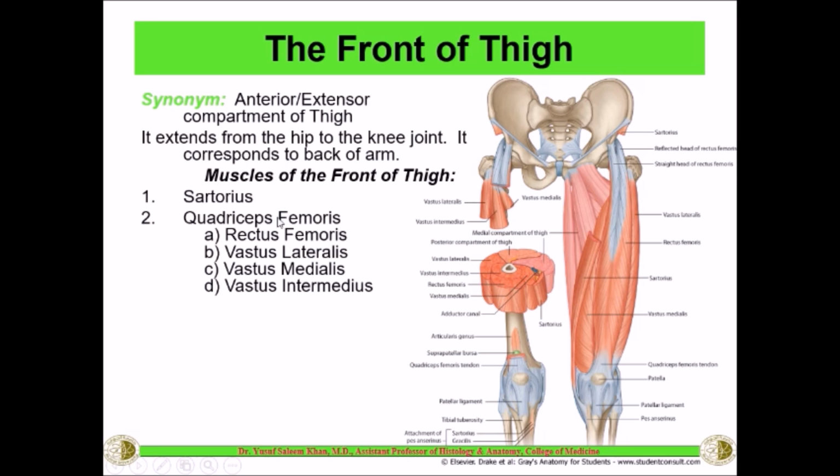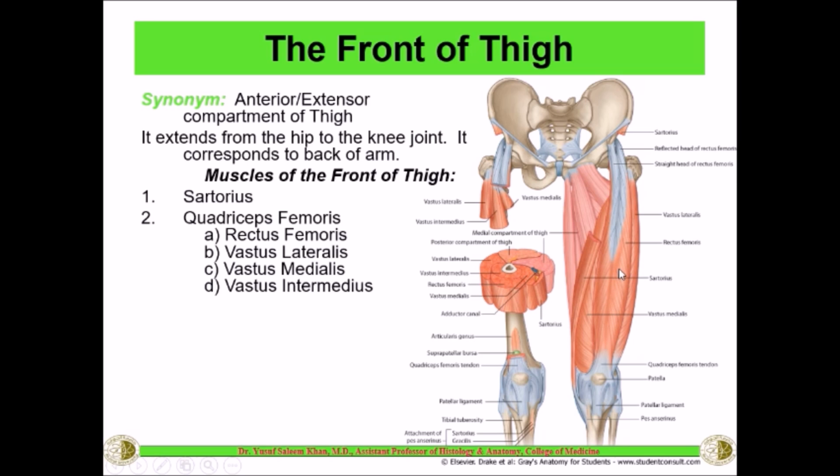This Quadriceps femoris has 4 parts, or the 4 muscles. The first one is called as the Rectus femoris. This is the muscle here which is present in the front of the thigh. Then we have the Vastus lateralis. On the lateral side, this is the muscle which is called as the Vastus lateralis. Then we have the Vastus medialis on the medial side, and in between the lateralis and medialis, behind this Rectus femoris, there is Vastus intermedius.